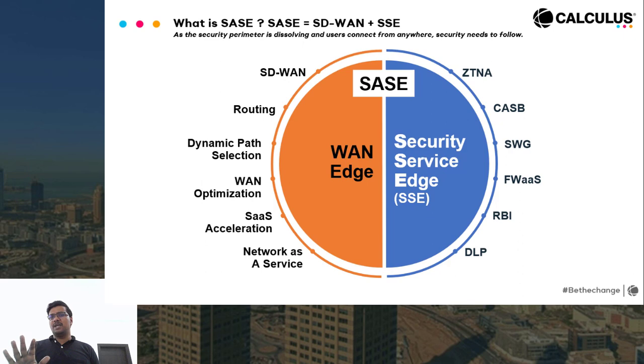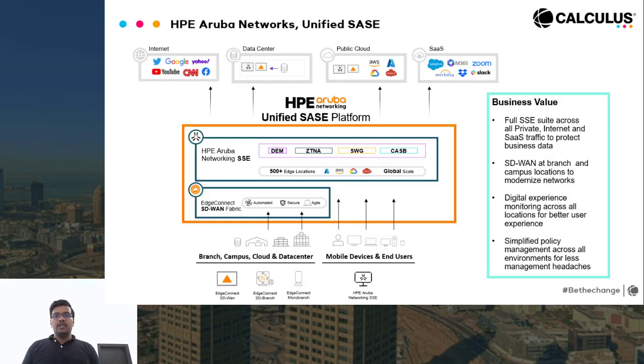On a high level, the branch only has a thin client WAN edge, and the complete security stack will be delivered from the cloud. HPE Aruba Networks SASE offering is based on two things: one, EdgeConnect SD-WAN, and the Access Security SSE, which we are focusing on in today's topic.